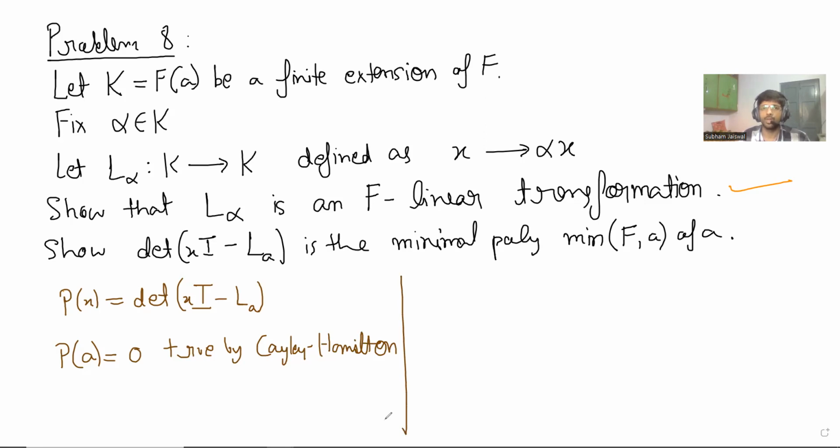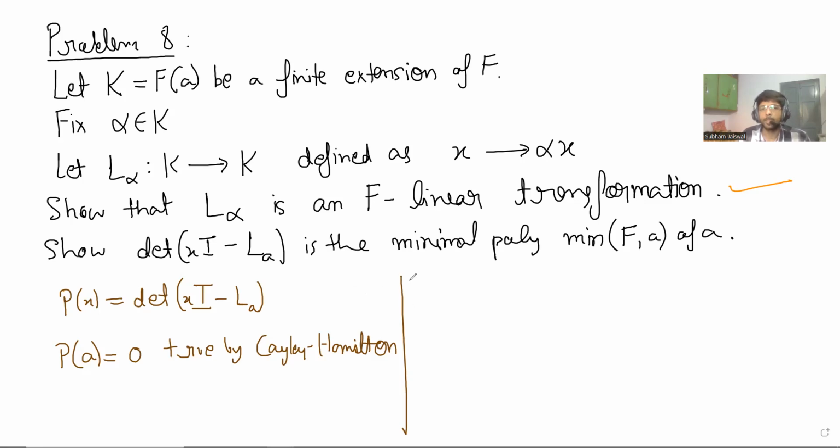So how do you do that? That you can do by degree arguments, right? Otherwise, it's not so obvious that it is irreducible directly. If it's F irreducible, you are done. But I don't know how to show that.